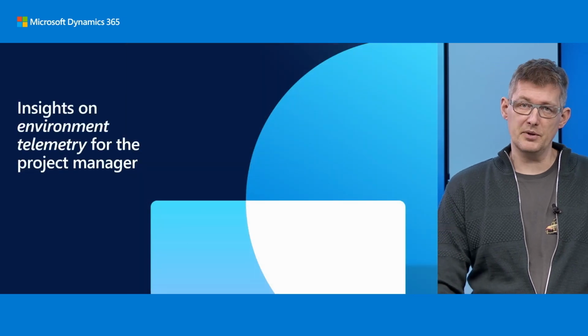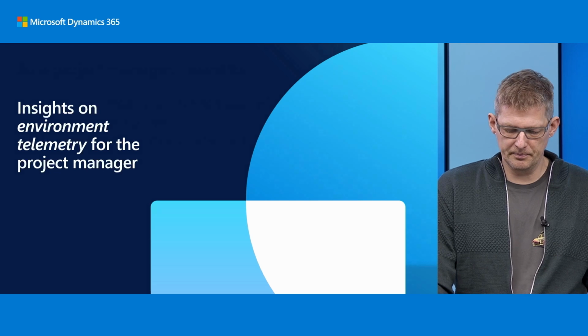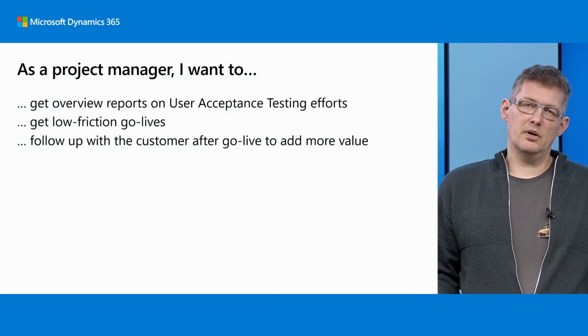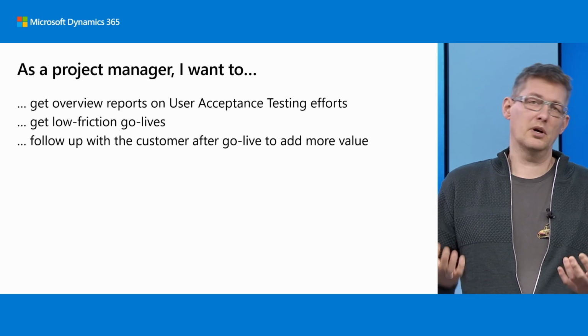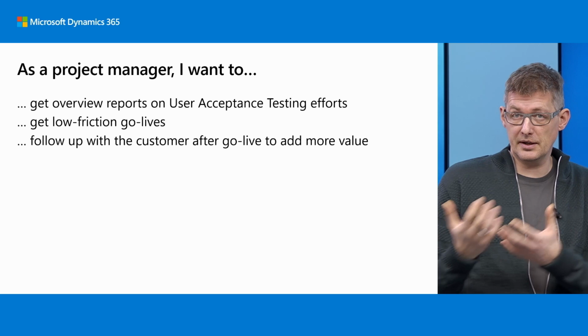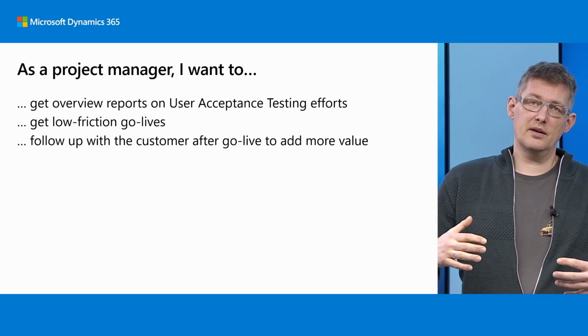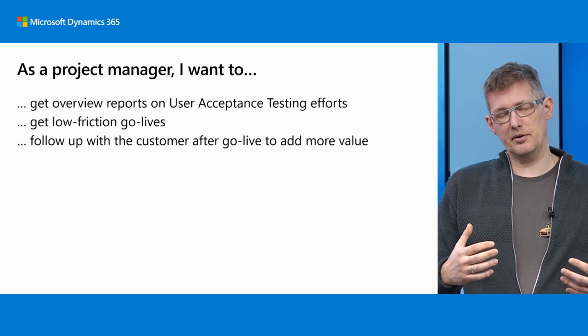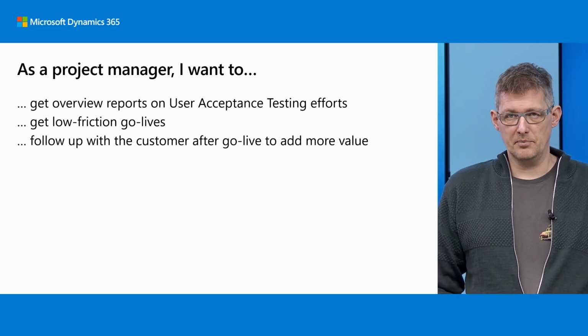So let's get started with insights on environment telemetry for the project manager. As a project manager for an implementation project of Business Central, and look, this could be the project manager on the customer end or on the partner end, I don't care. Hopefully, if you work together, partners and customers both want the same things.